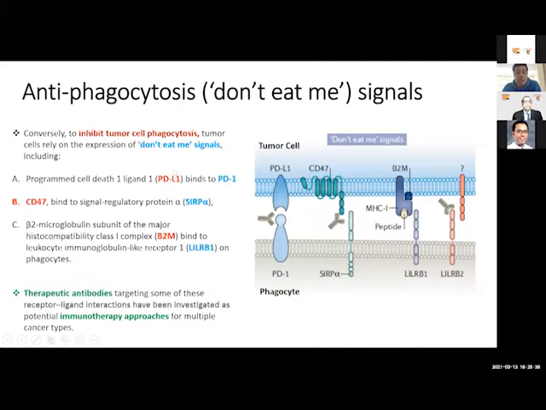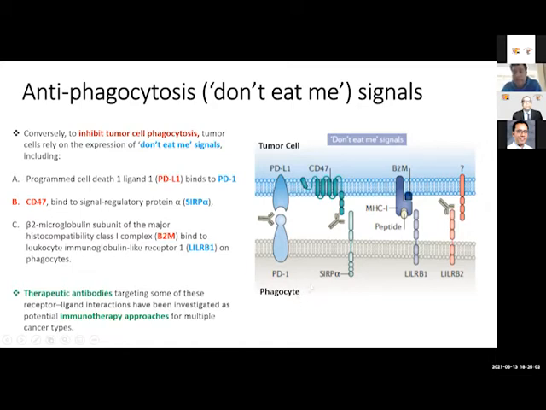However, we also have a balance with another anti-phagocytosis pathway, or we call them don't-eat-me signals, between cancer cells and the phagocytes. This also can be mediated by interaction between some factors like PD-L1 on the cancer cell or CD47, this is a very important one, and their complementary proteins on the phagocyte.